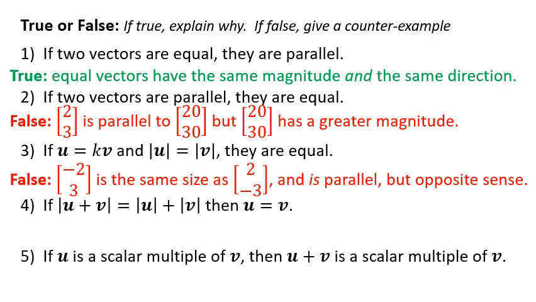Well, in this case, we're saying, what if the size of two vectors added together is equal to the size of each separate vector added? In other words, the distance between your starting point and your ending point is the same as the length of your first journey and the length of your second journey added together.